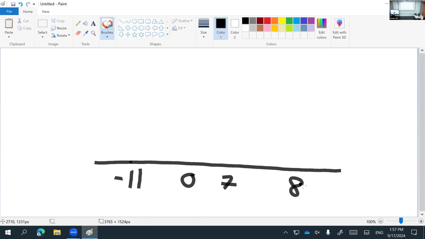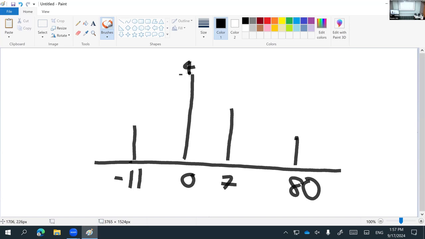And I create this function. This function looks like this: 0.3, 0.4, 0.3, 0.2, and 0.1. I just made this up.